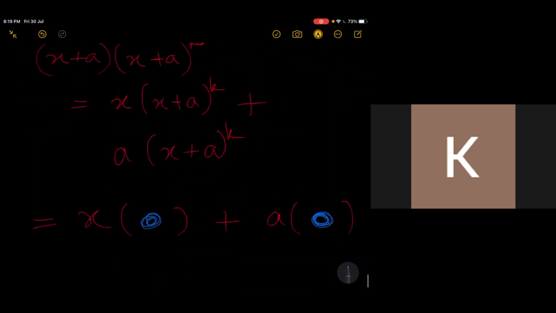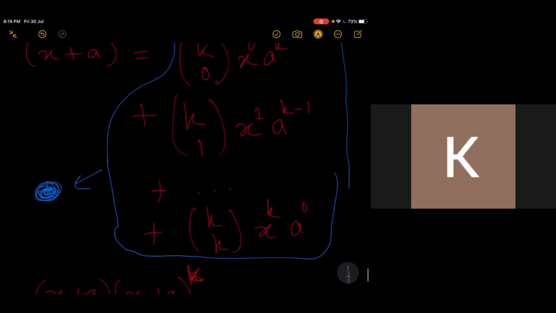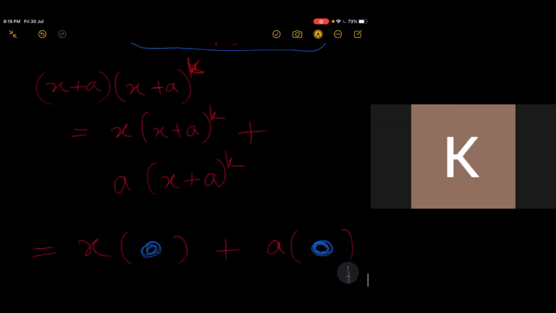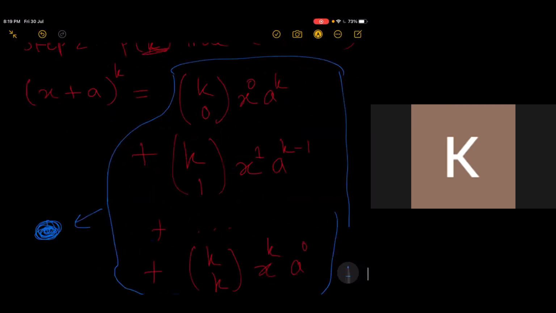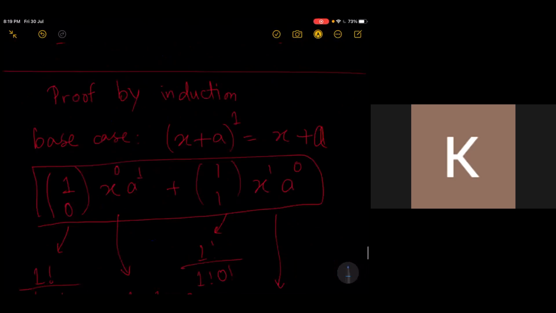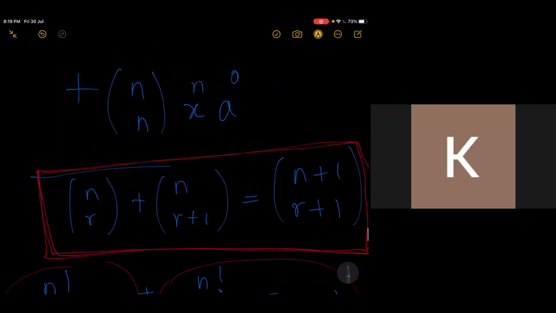Basically x into this entire expression plus a into this entire expression. You just expand the brackets and write the expression, and then you use this identity.